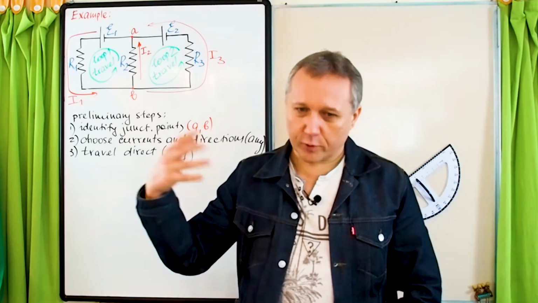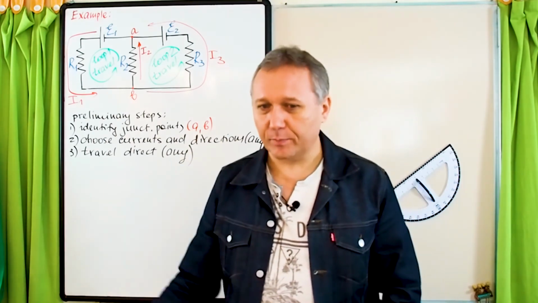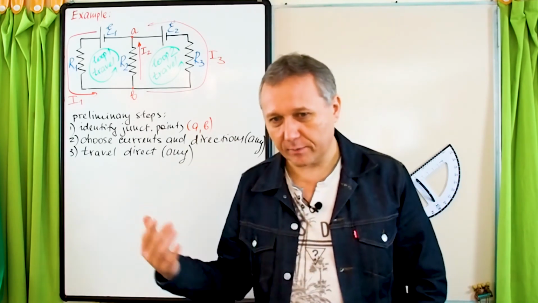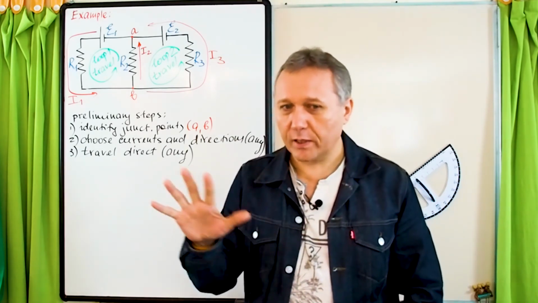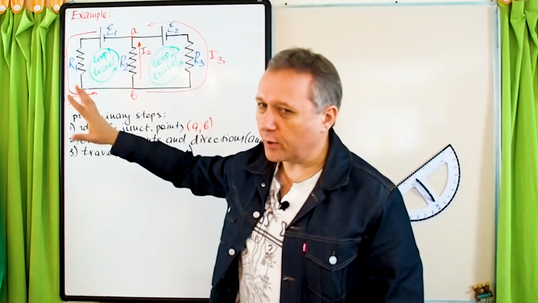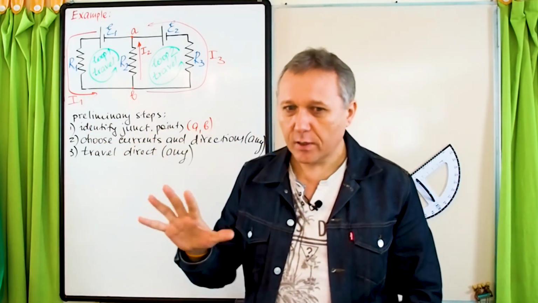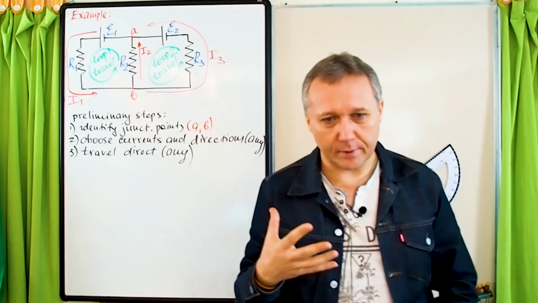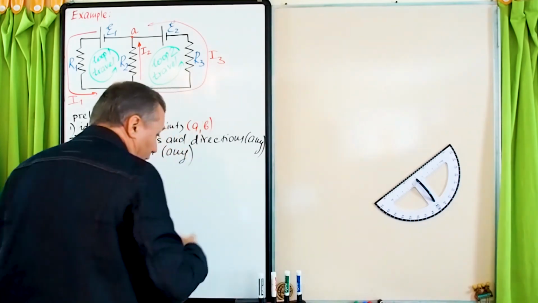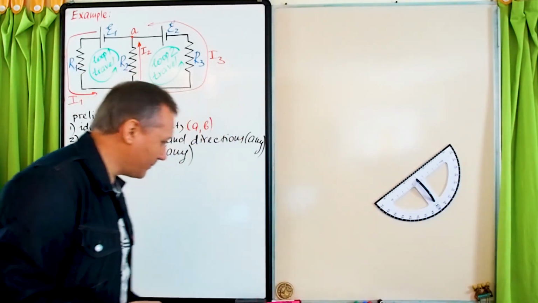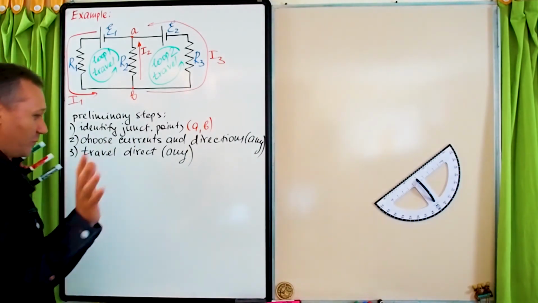So of course, when I finished grading my problem, I helped the TA to grade that problem, because it was my fault. So from now on, whenever I give a problem like this, I give all current directions and all travel directions, because otherwise grading becomes a nightmare. It's a nightmare, right? But of course, you have freedom to choose any directions. But whenever I give it on the exam, no freedom.